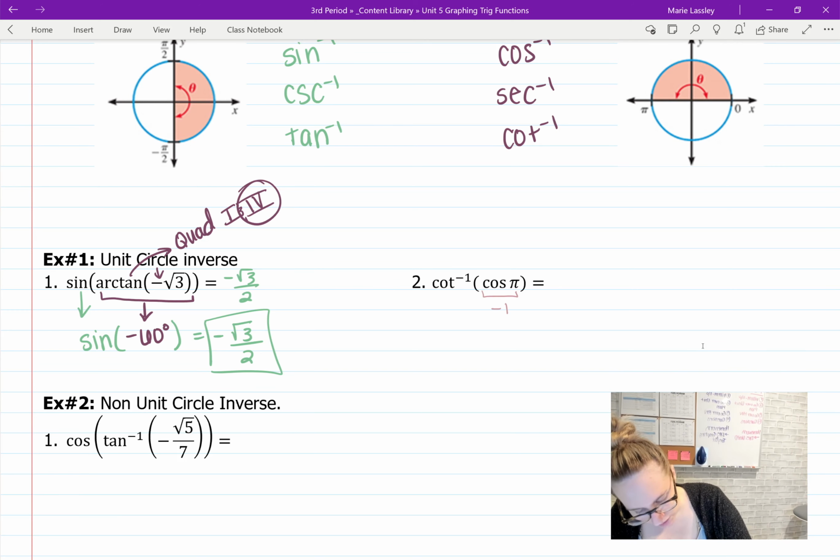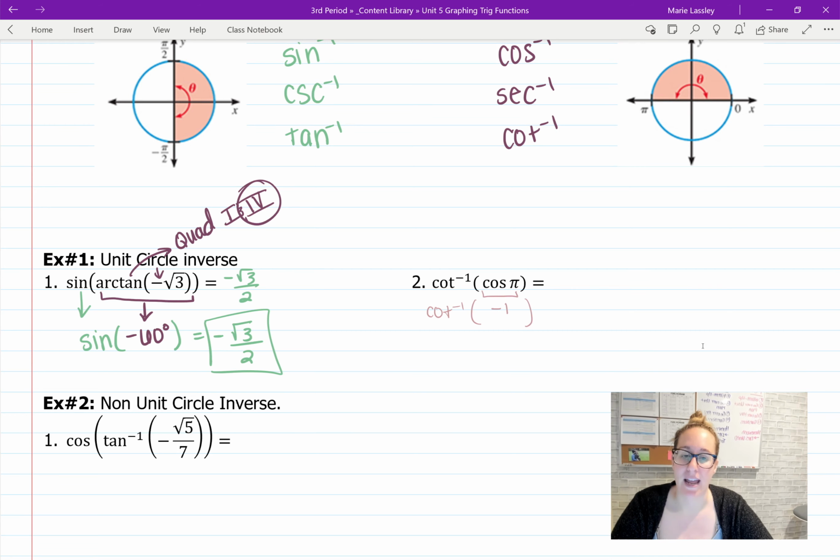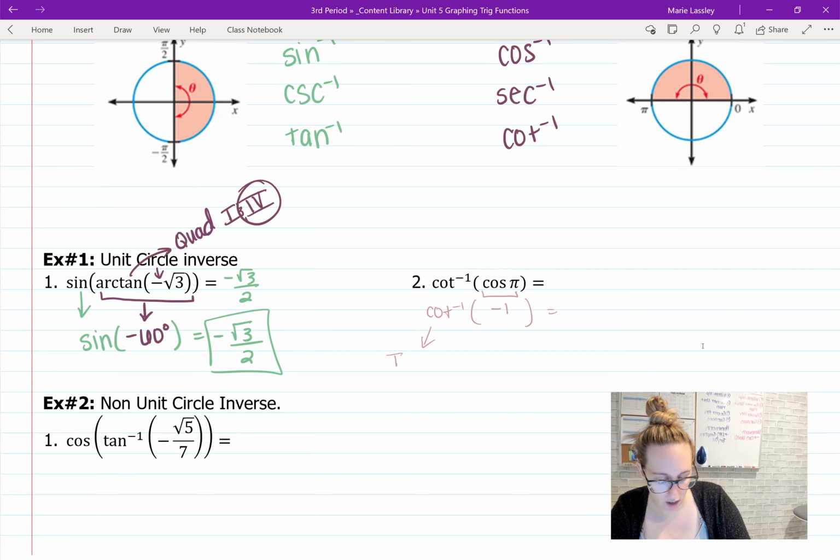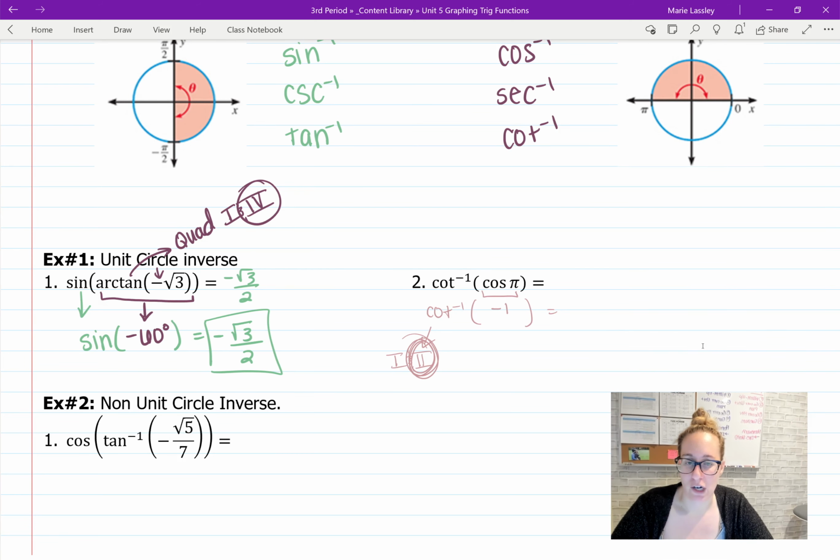So now I'm going to find the angle that has a cotangent value of negative 1. Now cotangent, this is going to have inverse values pulling from quadrants 1 and 2. Since it's negative, I know that I must be in quadrant 2.